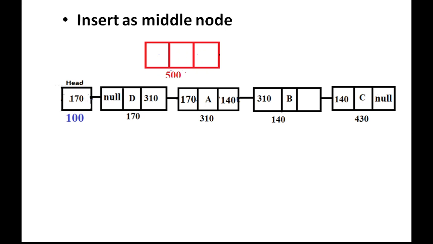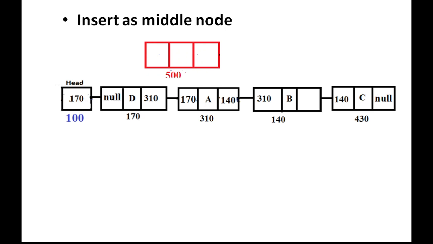When you say it is a first node, its backward pointer is null, and when you say it is a last node, its forward pointer is null. But for a middle node, neither the forward pointer nor the backward pointer is null, because it contains both a predecessor and a successor, and that's what we mean by middle node.